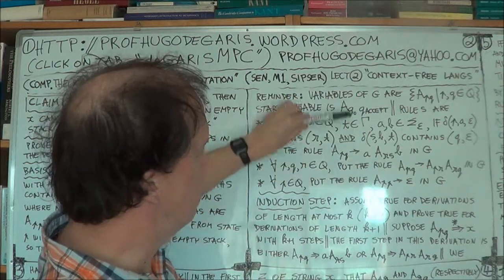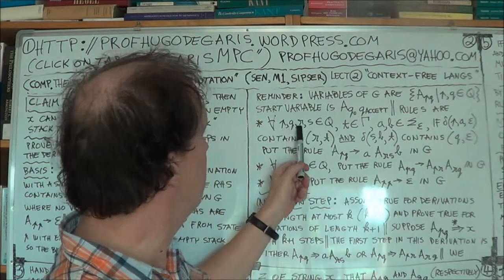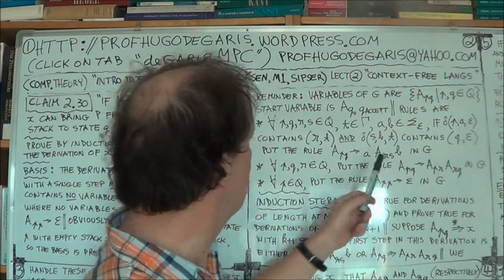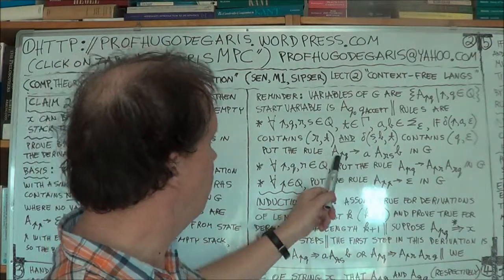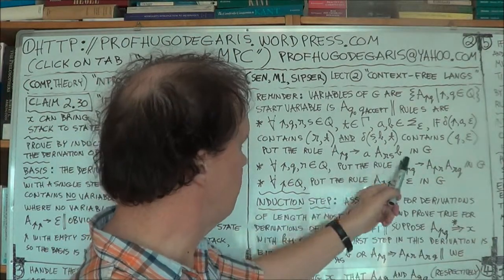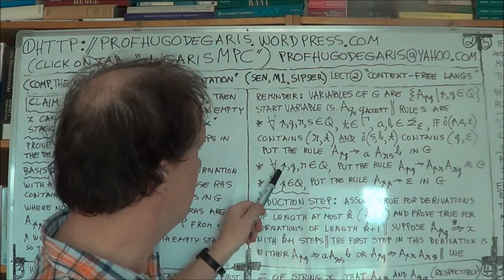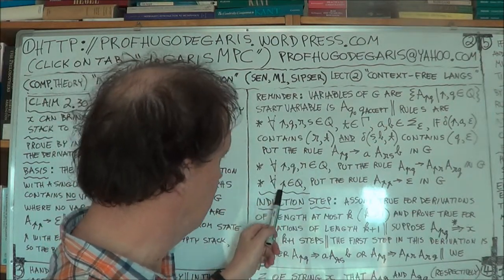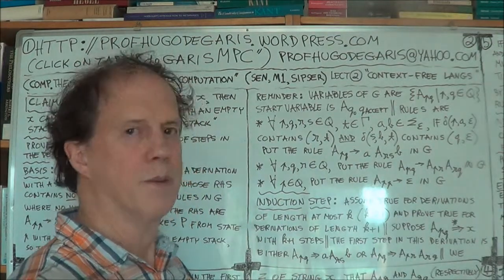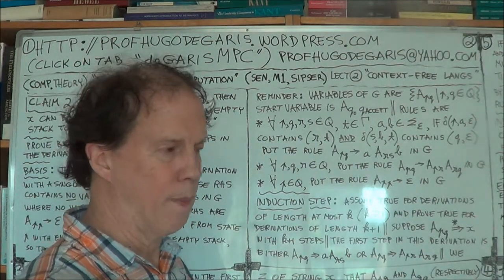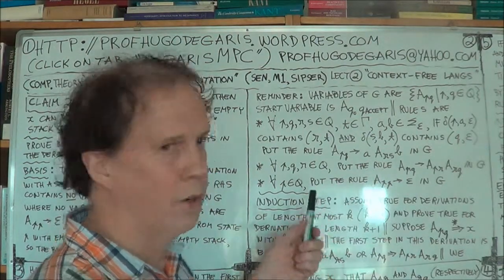And this is the recipe. Like here's the algorithm. So go checking, for all P, Q, R, go checking if this contains that and this contains that. If so, then put this substitution rule into the grammar. For all possible cases. And similarly for here, all possible cases. So you'll end up with a lot of substitution rules in your grammar, right?